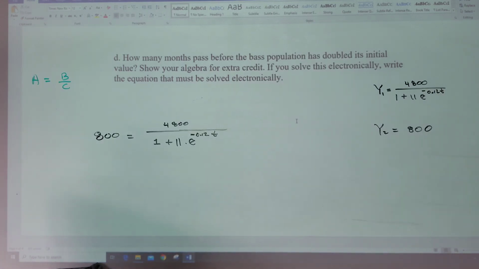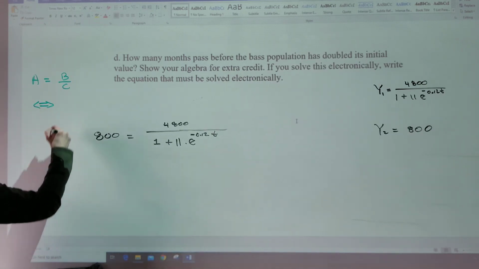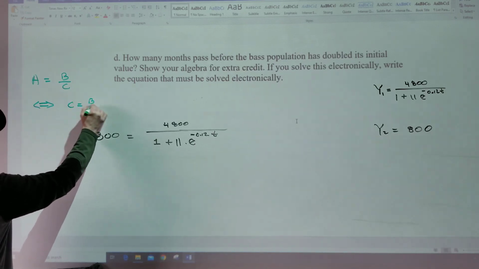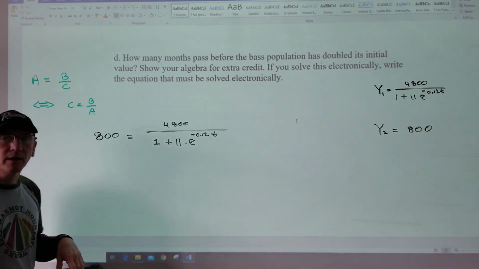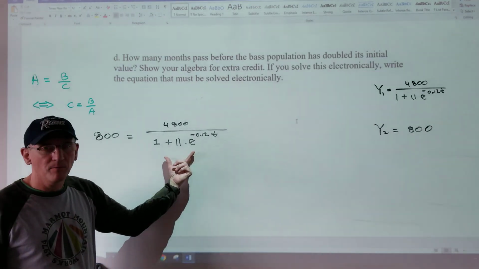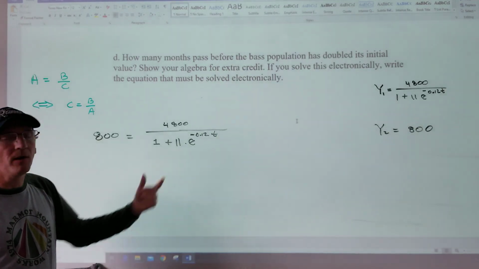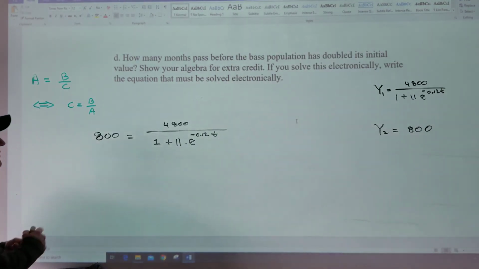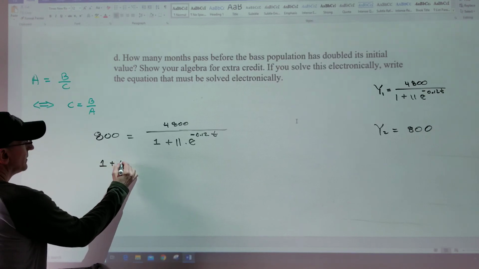If A equals B over C, and assuming things are not zero, it is true, conversely, that C equals B over A. In other words, a lot of times when you're solving something, especially in a trigonometry class, and you have a variable down here, you don't have to take 12 different steps to solve. You can quickly trade places with these two, and you'll be well on your way to a very expedient and efficient solution method.